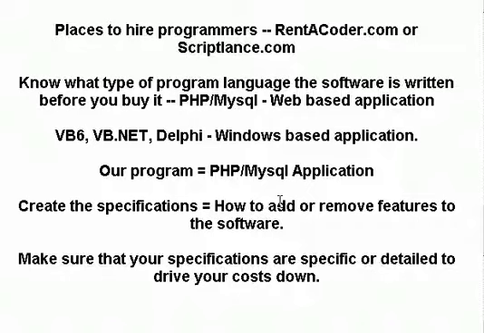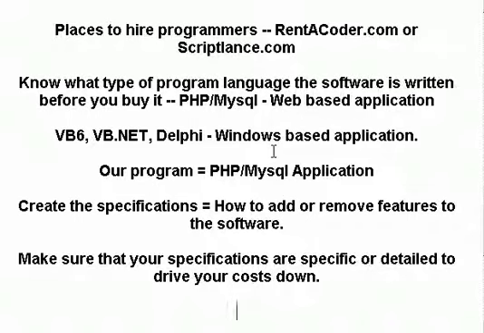The more specific you get, the lower your cost is, mainly because you help the programmer give you a more detailed quote of what they would charge in specific times, and they would know how to go about doing that. So be specific.